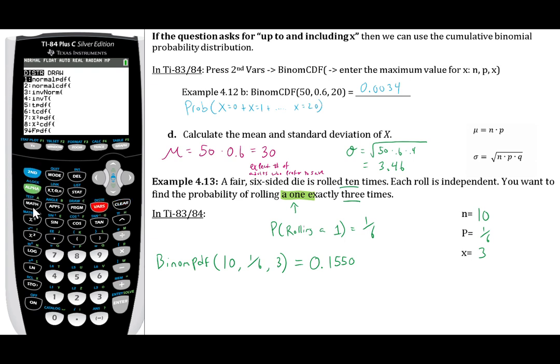We can hit alpha A for binom PDF. We use binom PDF for exact calculations, as we just did with example 4.13. And we can get to the cumulative probability binom CDF by using alpha B. And we would use those for calculating the probability of up to and including a certain outcome.